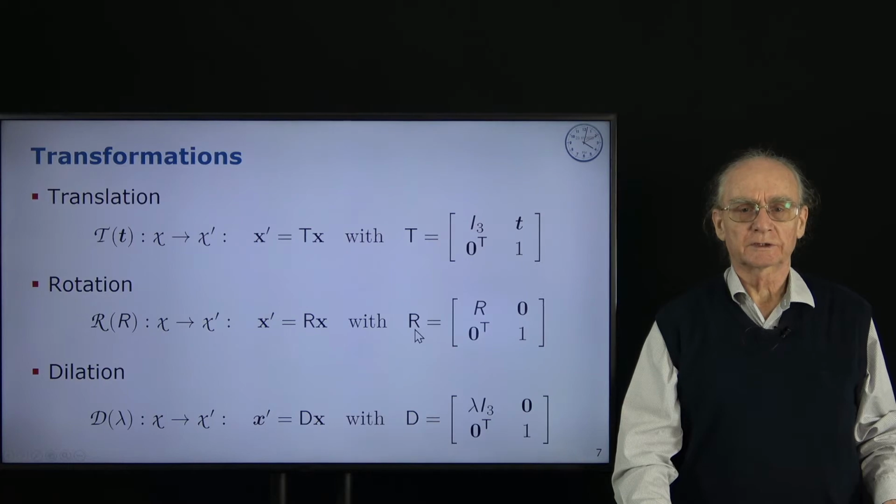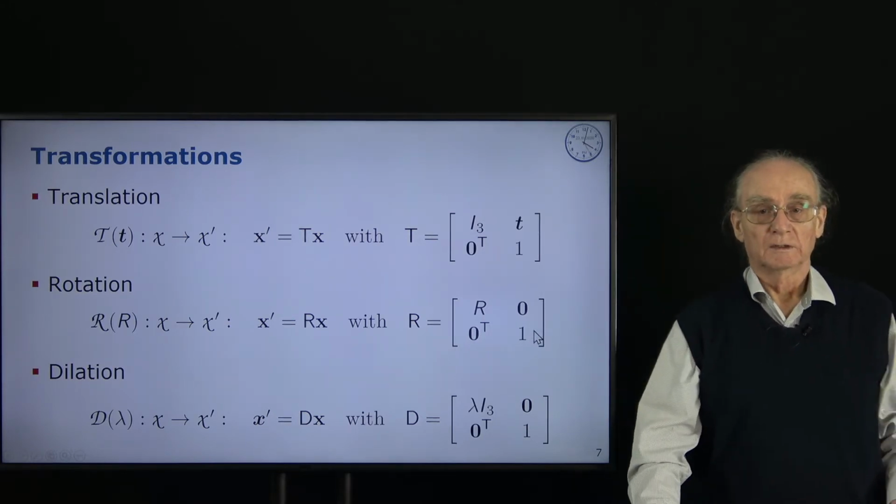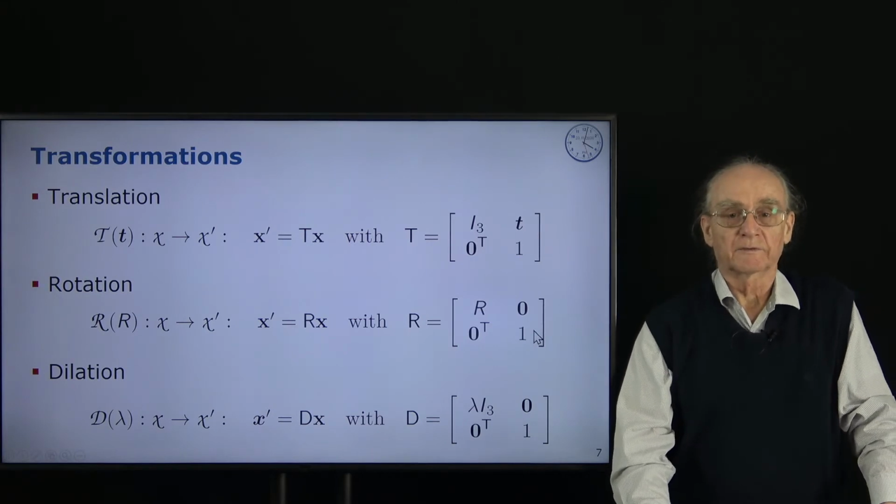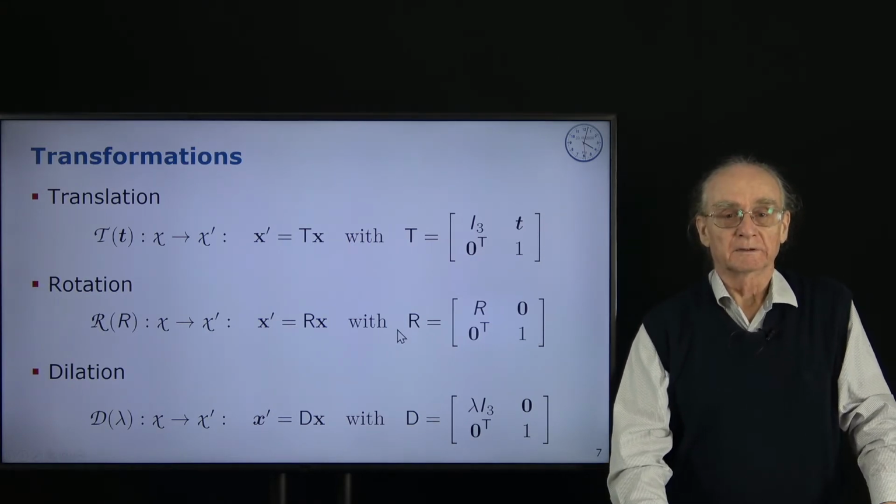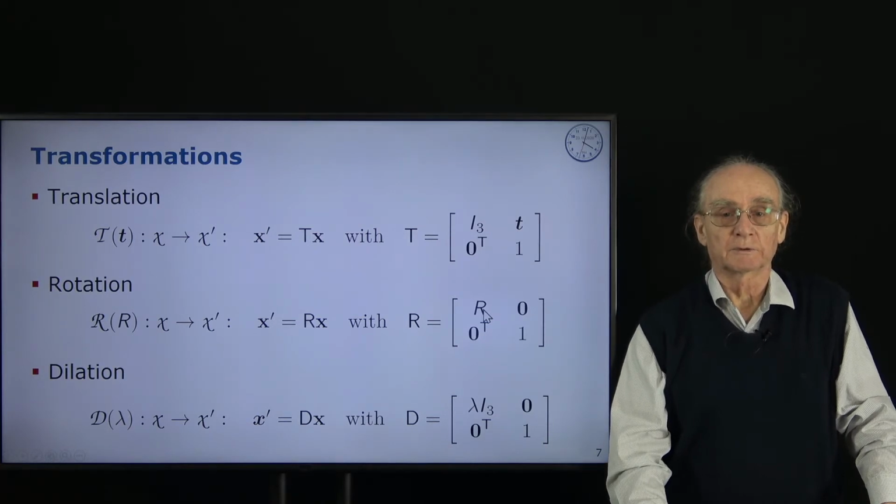Observe that this rotation matrix is a homogeneous matrix. So if we multiply this whole matrix by some factor, this is no proper rotation matrix, because it has not determinant 1 anymore, but some other factor. But the R should be a proper rotation matrix.